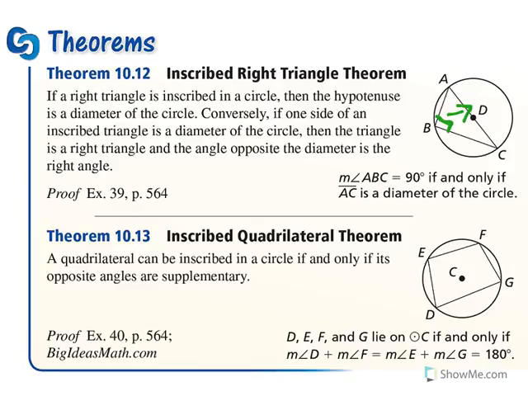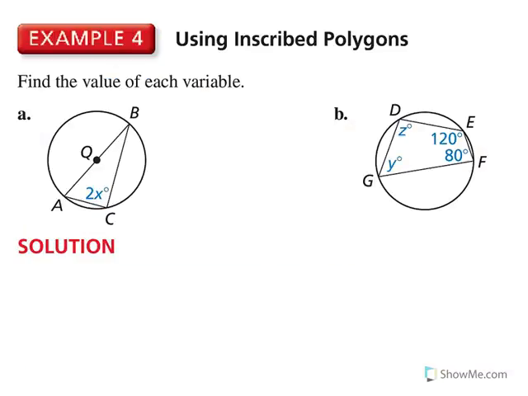And then we have the inscribed quadrilateral theorem, and it just tells us when we have a quadrilateral, the opposite angles are always going to be supplementary to each other. So here, angle D and angle F are going to add up to be 180. Angle E and angle G are going to add up to be 180 degrees. They're going to be supplementary when we sum them up.